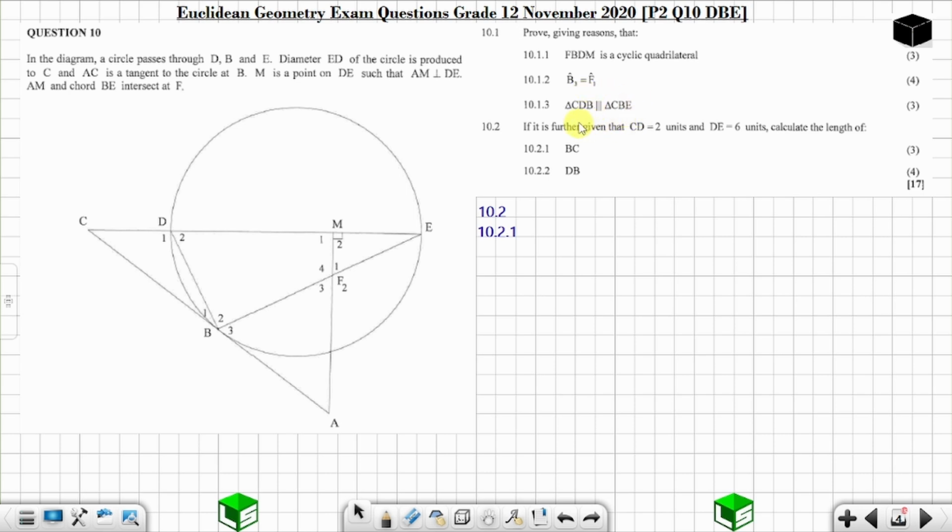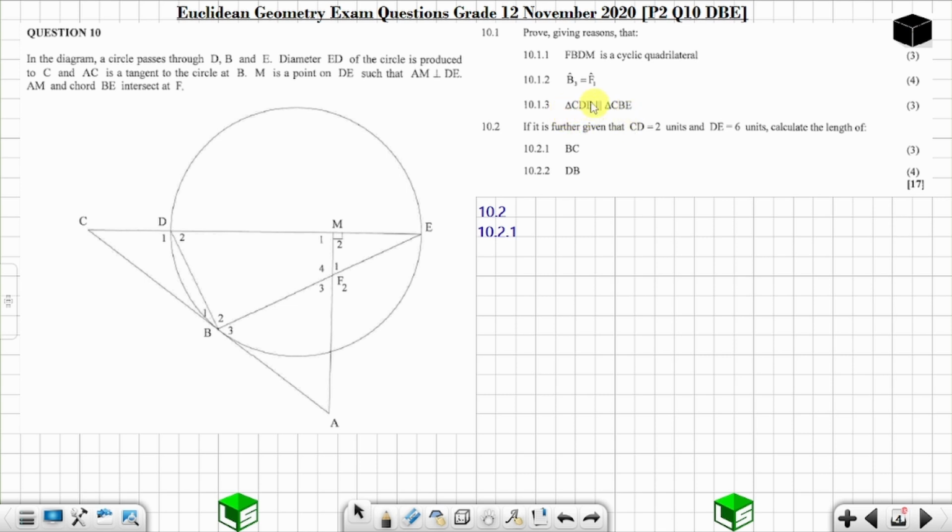You have BC. Can you see BC in the triangle? Since this triangle is similar to this triangle, we can write the proportionality equation, and from the proportionality equation we can solve for BC.